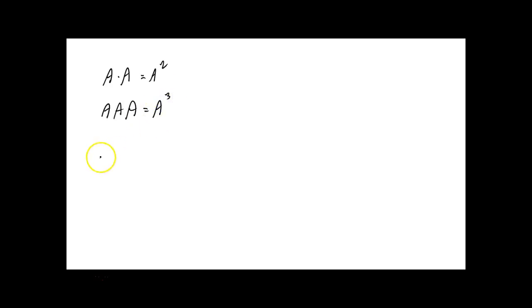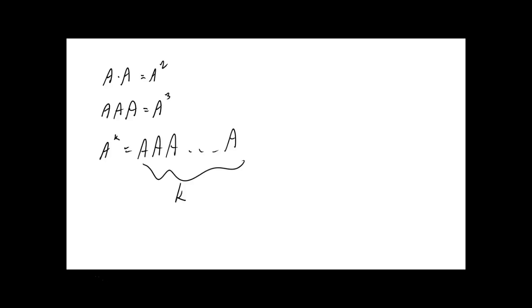So we call A to the kth power A times A, dot, dot, dot, until you get down to k A's, where you have k factors here, for any positive number k.